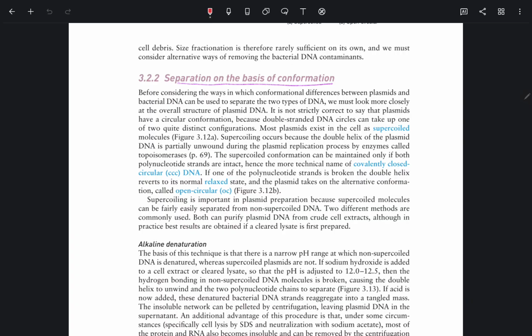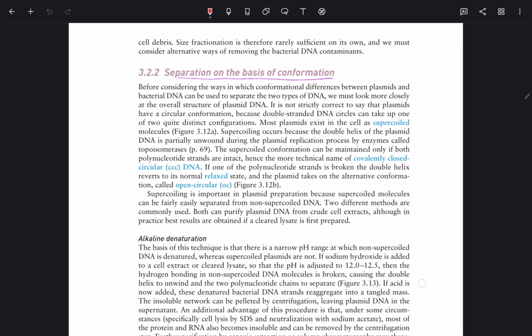Hence, the more technical name of covalently closed circular DNA. If one of the polynucleotide strands is broken, the double helix converts to its normal relaxed state, and the plasmid takes on the alternative conformation called open circular (OC).